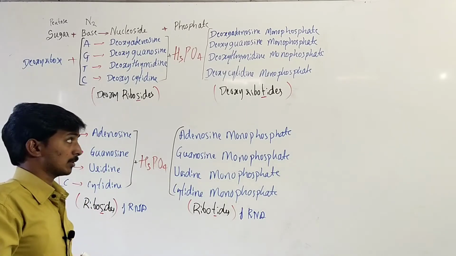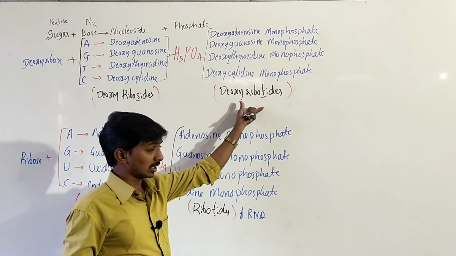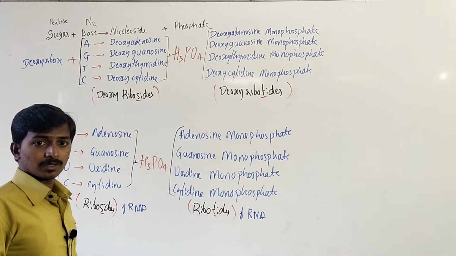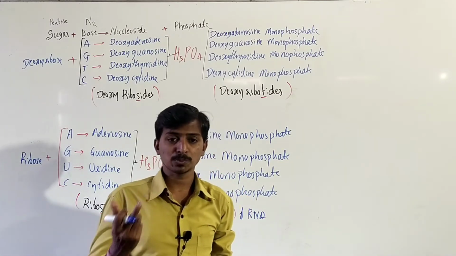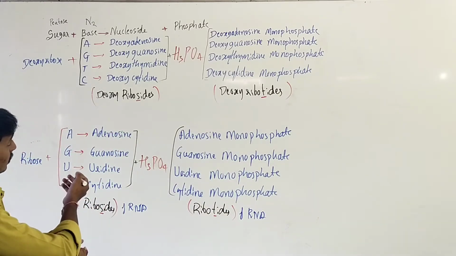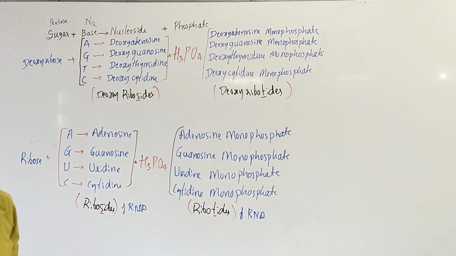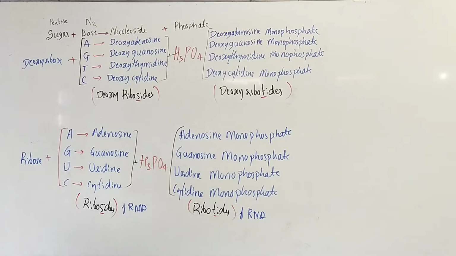During the formation of a nucleotide, whether a deoxyribotide or a ribotide, we'll see how the different bonds, maybe a glycosidic bond, the ester or phosphoester bond, or the hydrogen bond, help us in understanding the formation of the nucleotide. Pause the video and take down the things. They will help you in examination, so you may have to remember all these three.